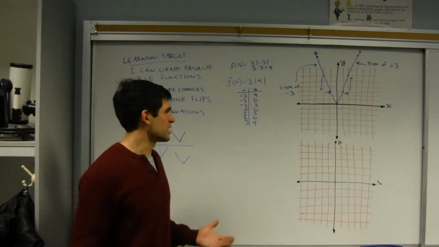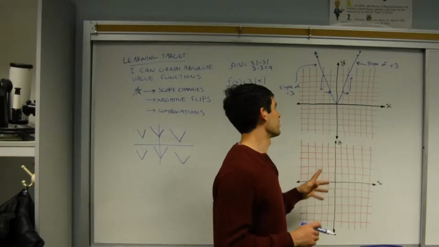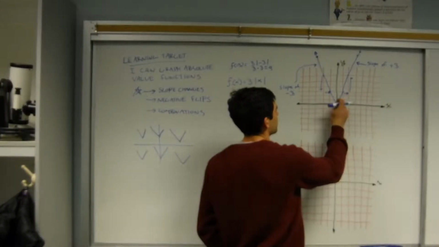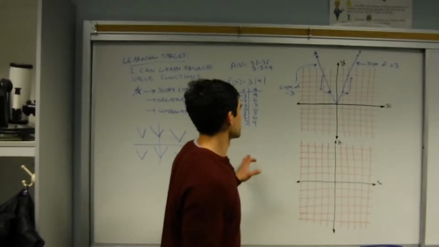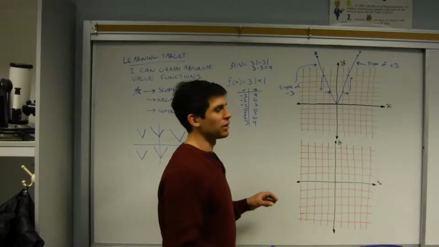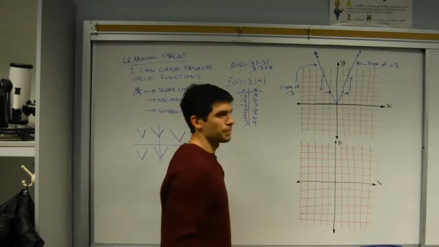And you notice we still have all the classic defining characteristics of our absolute value function. We have the vertex, we have the V-shape, but the slope is just a little bit steeper, first in the negative direction and then in the positive direction.